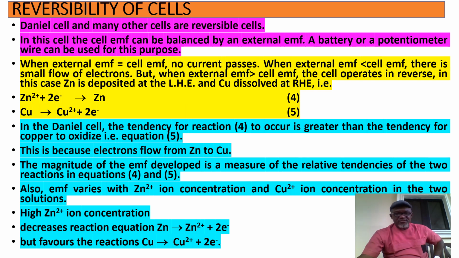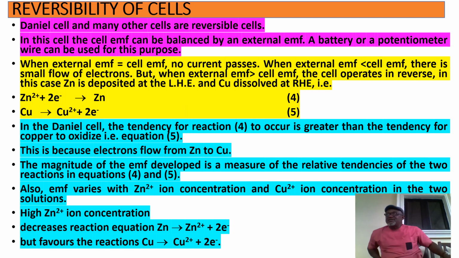So high zinc ion concentration decreases the reaction in this equation, and favors the reaction of copper going into copper 2 ions. So we're trying to show that a cell can be reversed.